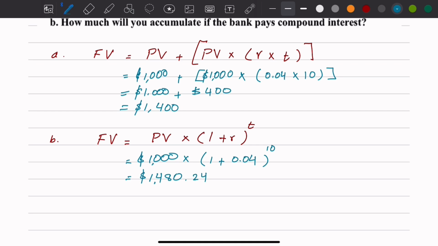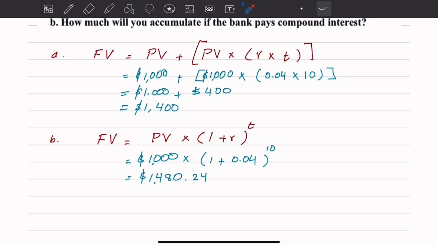So if we change the scenario and we assume that the bank pays a compound interest, our 1,000 initial investment or initial deposit is going to grow to $1,480.24 in 10 years. Okay.